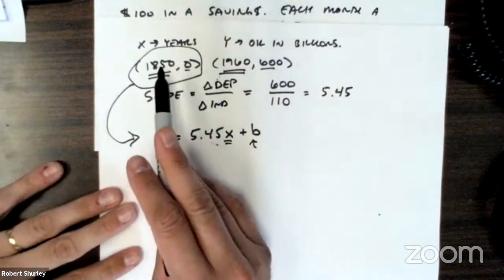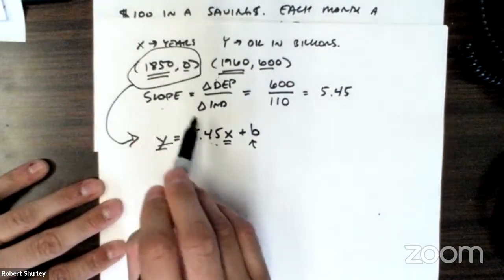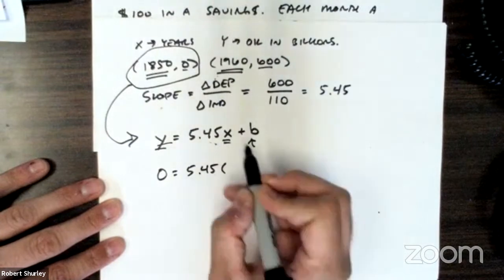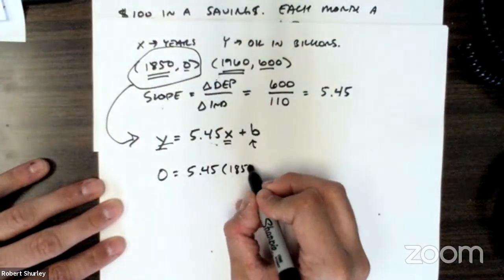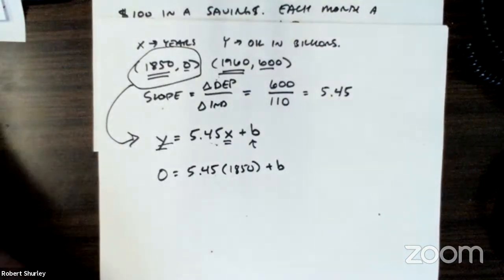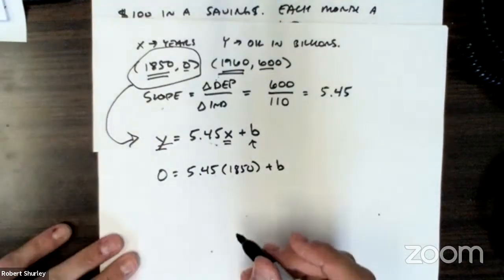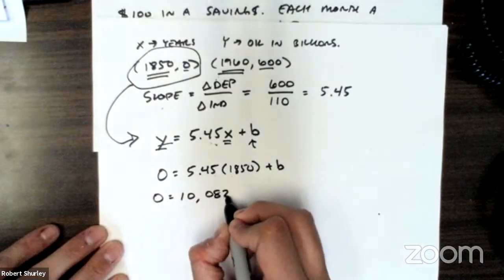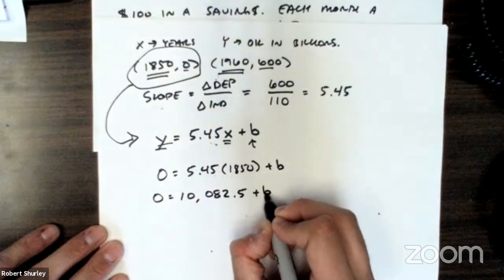So let's look at an example here. If we plug these two coordinates in, it would be 0 equals 5.45 times 1850 plus b. So I've got to take my calculator out here. 5.45 times 1850 is going to be 10,082.5 plus b.